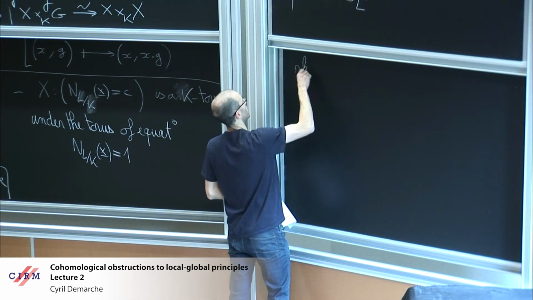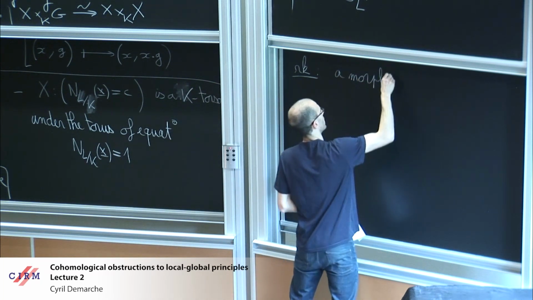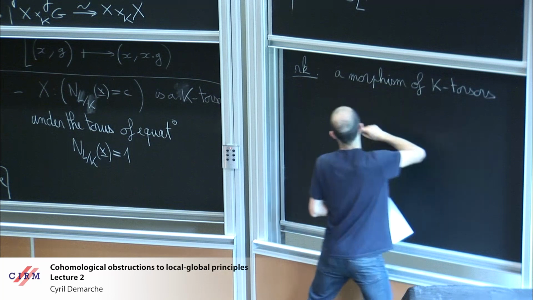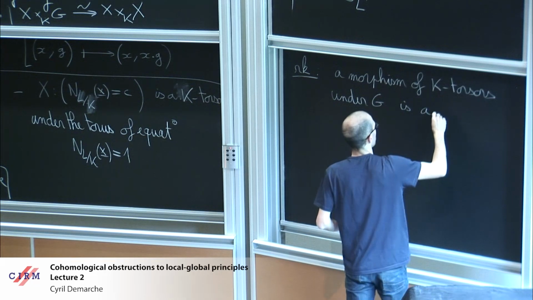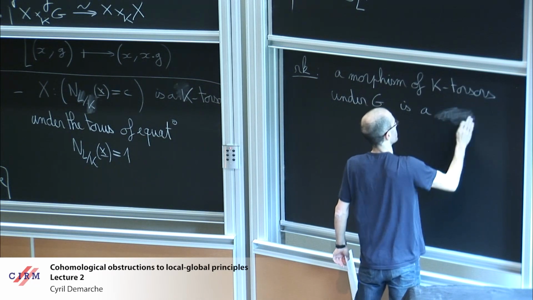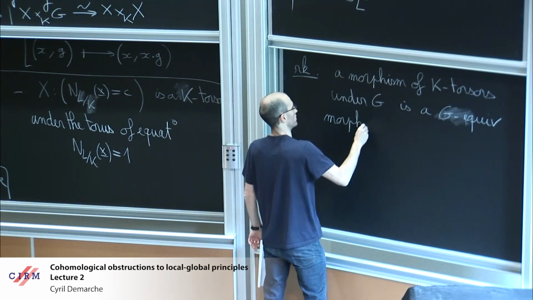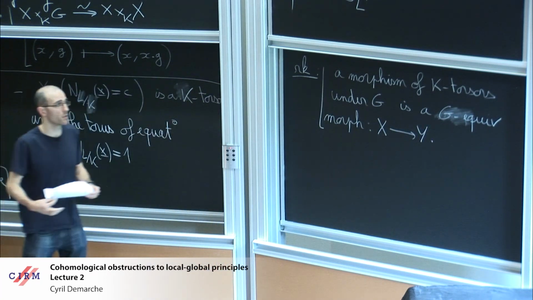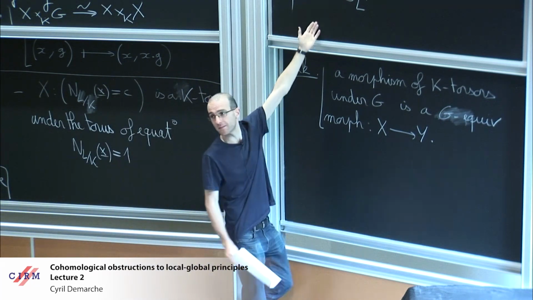Remark: a morphism of K-torsors under G is a G-equivariant morphism. This is just a morphism of algebraic varieties which is G-equivariant for the actions on X and Y.